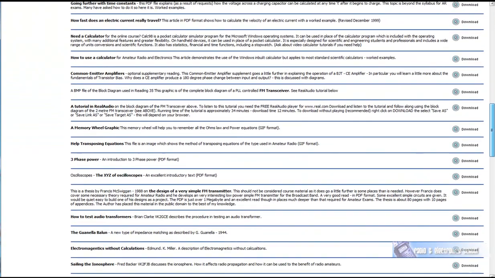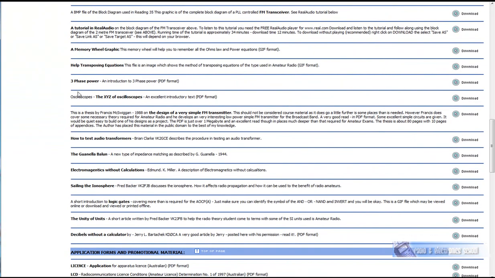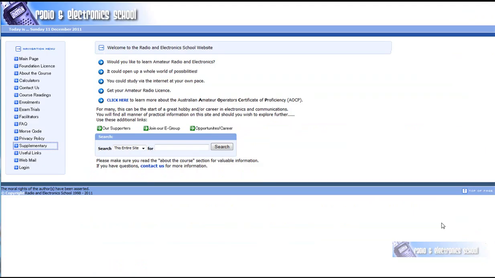There it is. Just download the file there. It's a Tektronix publication, who are oscilloscope manufacturers, and it's a very, very good tutorial on the use of oscilloscopes.